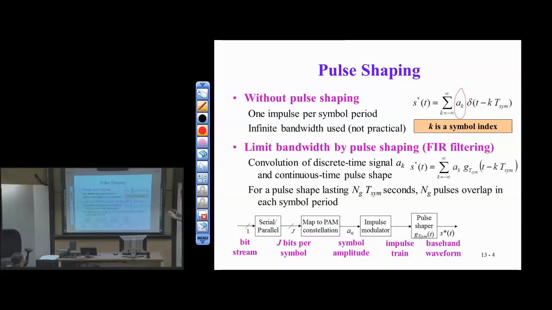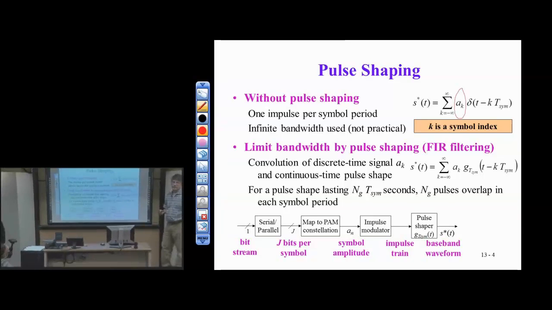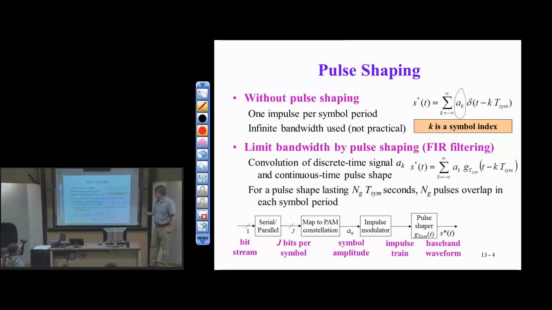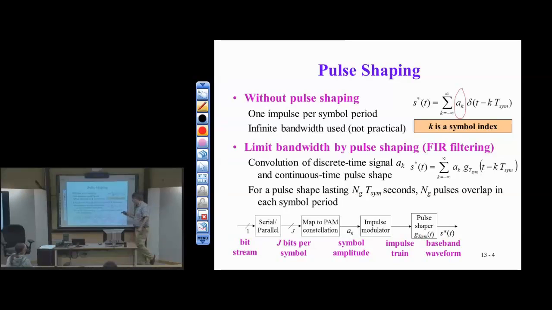Even theoretically, we like to limit the transmission in frequency. So we limit the bandwidth by pulse shaping using FIR filtering. This should look pretty familiar now. This is the final outcome of convolving the impulse train with the pulse shaping filter. And it should look exactly like what?